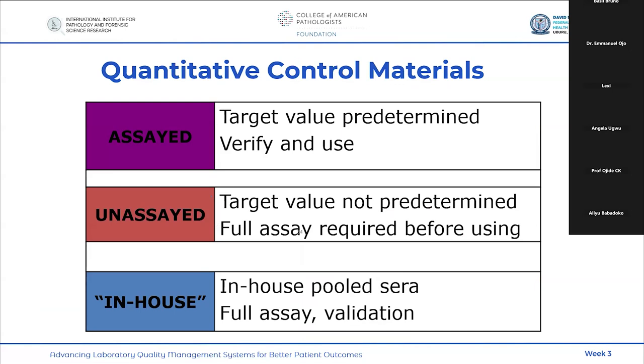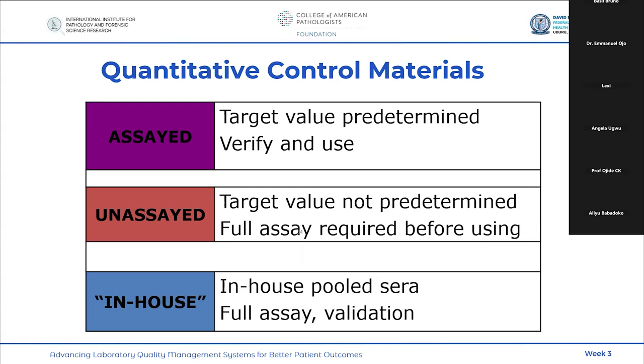So when we talk about quantitative control materials, the type that is available will either be the one that is assayed, and this is what we have in most of the commercially prepared or commercially available quality control.